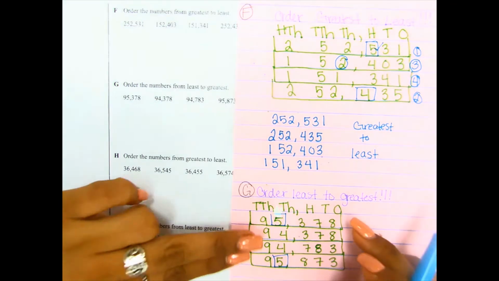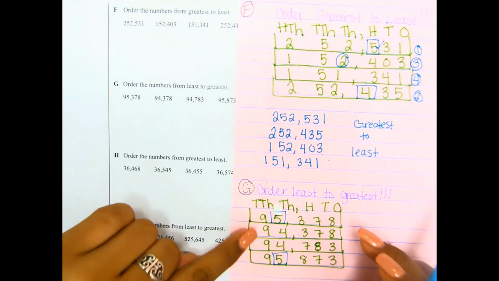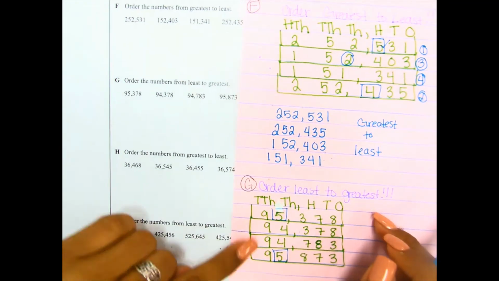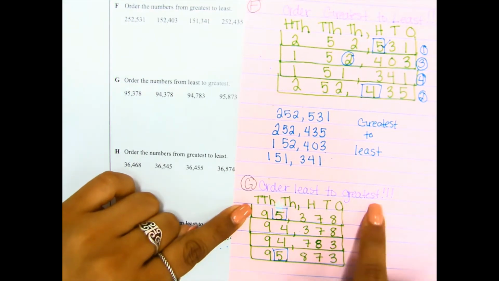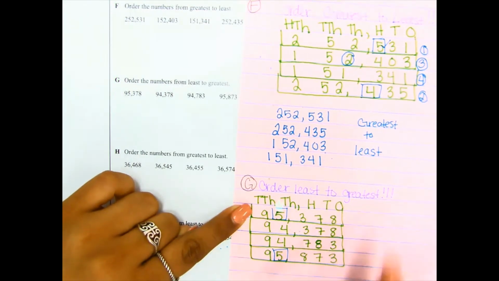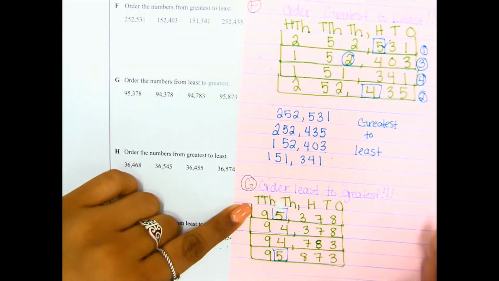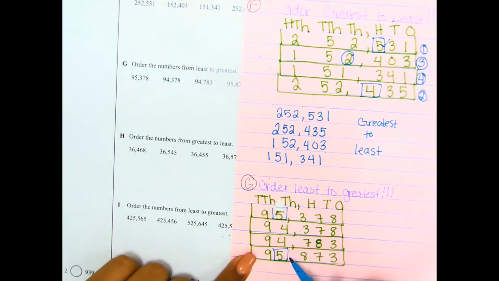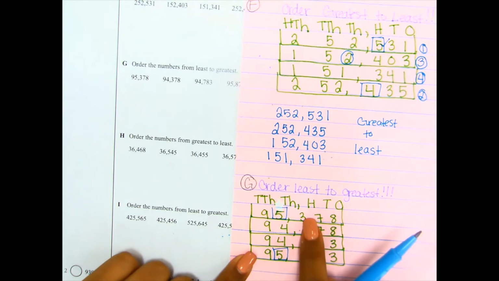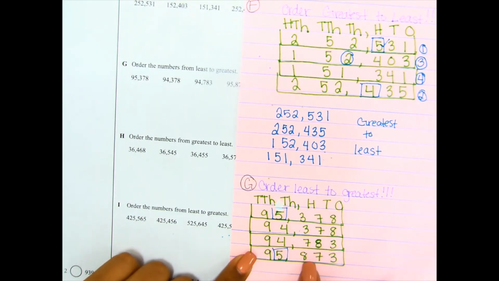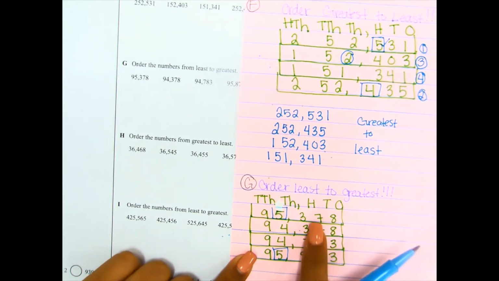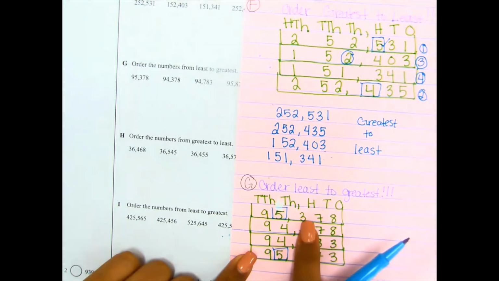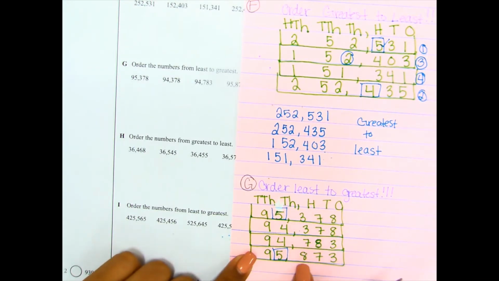I'm not even going to look at these two anymore. I'm going to look at these two, because I know that this is from least to greatest. So I'm looking for my 4th place, what comes in last. So let's look. I have a 5 and a 5. Now I'm going to go to my hundreds place between these two. I have a 3 and I have an 8. Which one is larger? 3 or 8? That's right, my 8 is larger.